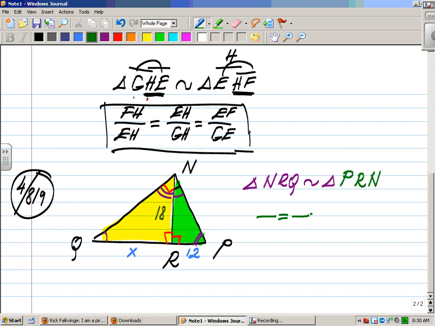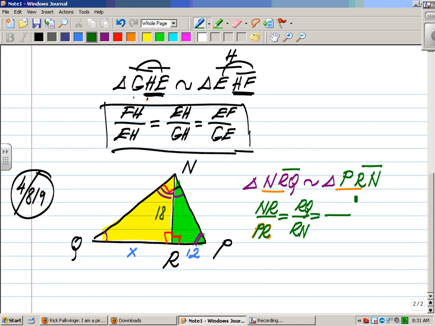What over what equals what over what equals what over what, right? Starting with the first triangle, you go with the first side, NR, over the first side in the green triangle, PR. Then I'm going with the second side in the first triangle, RQ, over the second side in the second triangle, RN.